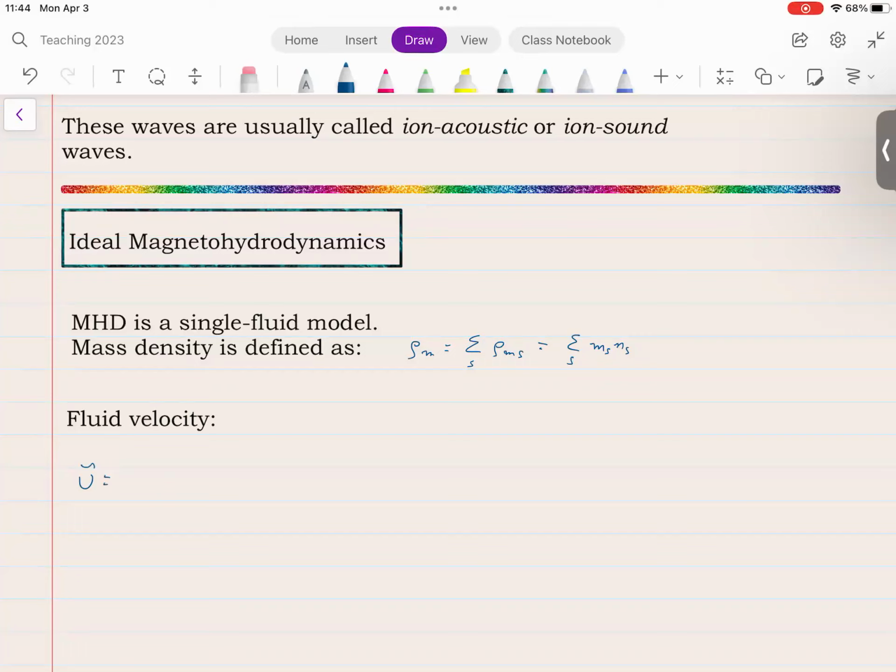Anyway, in that notation, the mass weighted average velocity is 1 over the mass density times the sum over the species of the mass density of the species times the velocity of the species, where this is the fluid velocity, that is the average velocity of all the particles.